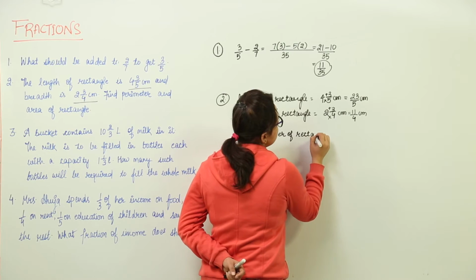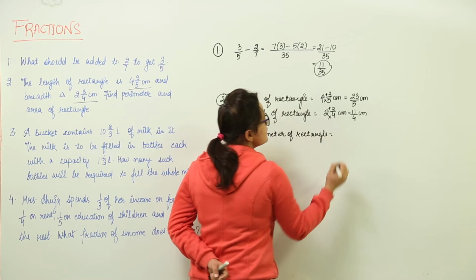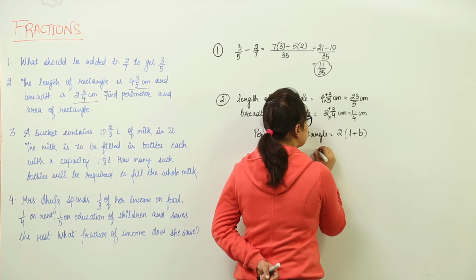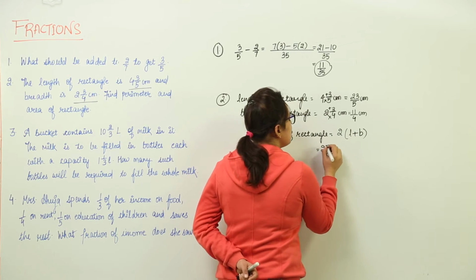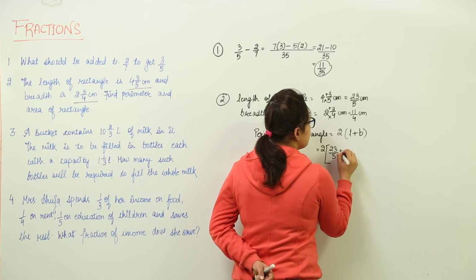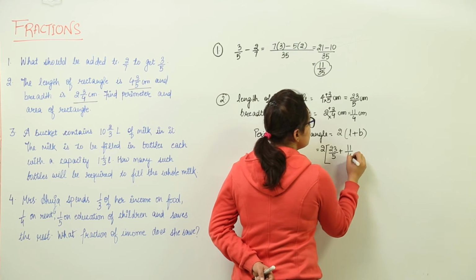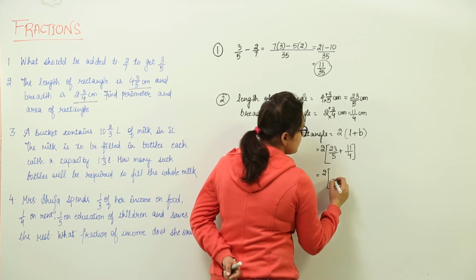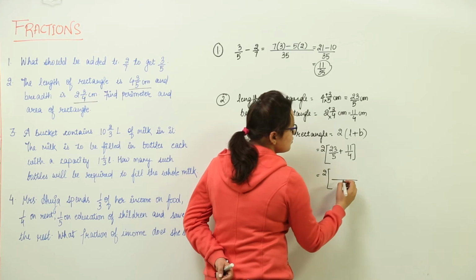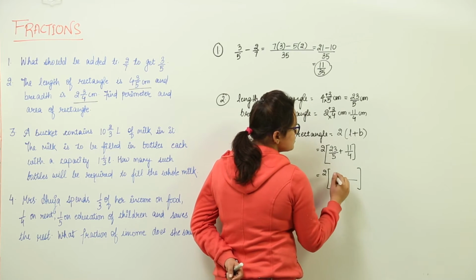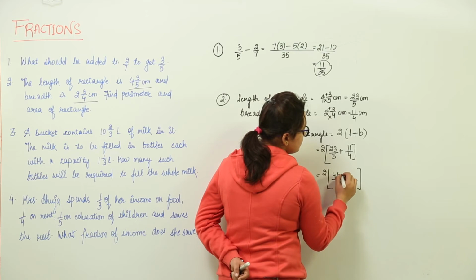So as we know, the perimeter of a rectangle is equal to 2 into (L plus B). Let us do that. How much is L? It is 23 upon 5 plus what is breadth? 11 over 4. So on solving further, how do we solve it? We take out the LCM of 5 and 4, that will be 20. Now 5 how many times is 20? 4, and we write 23.